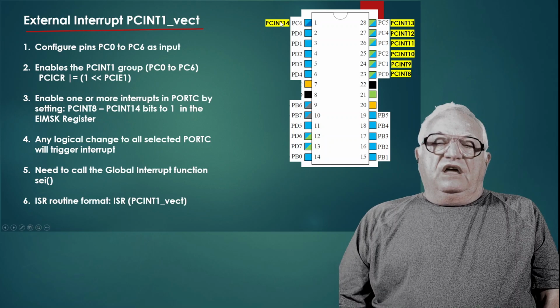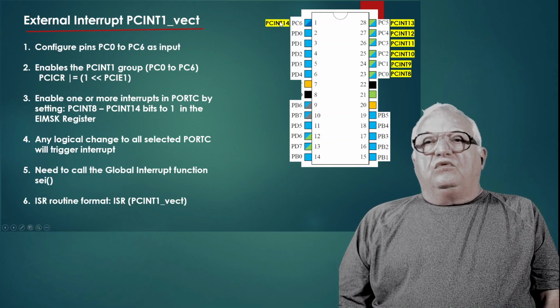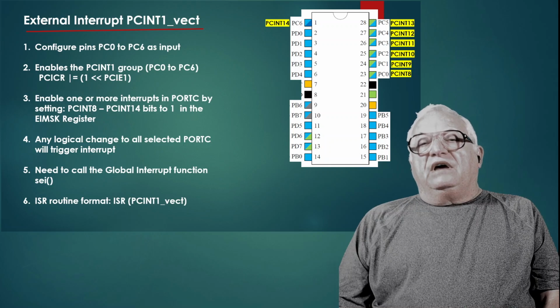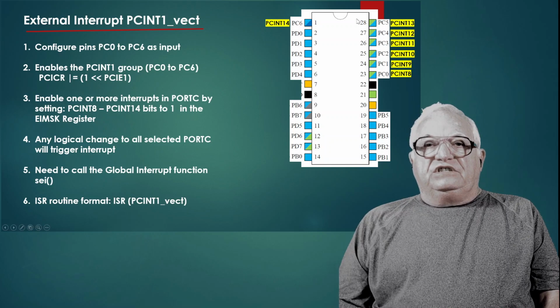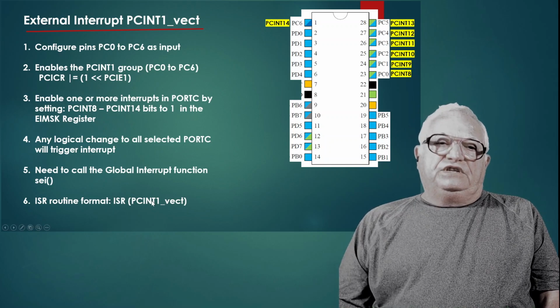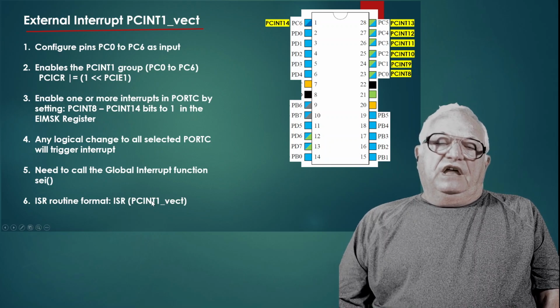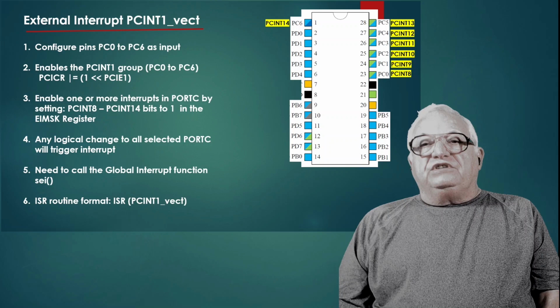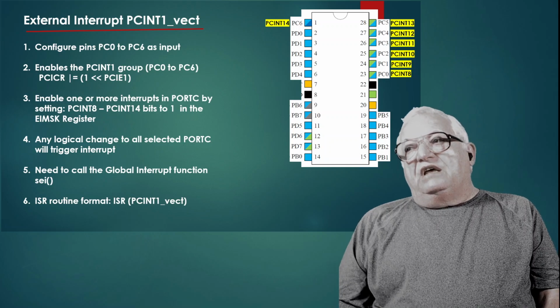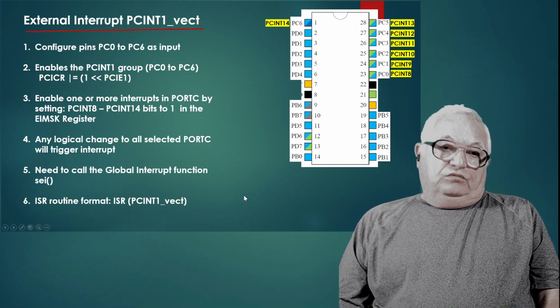Now, if we configure this so that all the pins trigger an interrupt if the value changes, then every time an interrupt triggers, it will go to this service routine. And then it's again our job to figure out which interrupt triggered, assuming that's something that you want to know.